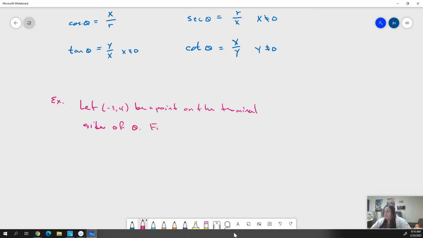We want to find, it just asks us for 3, but we're going to find all 6 trig functions, because all your homework ones ask for all 6 trig functions.